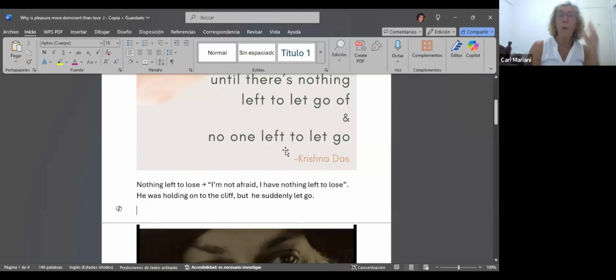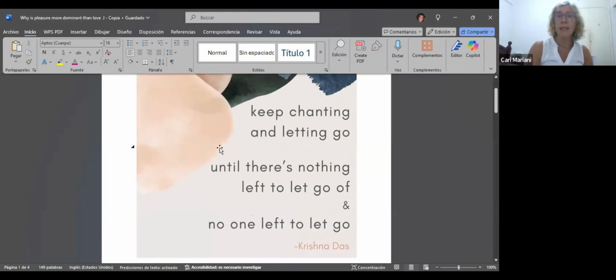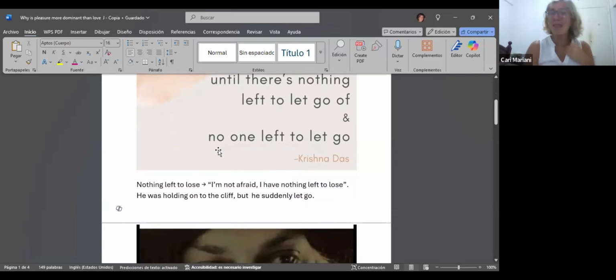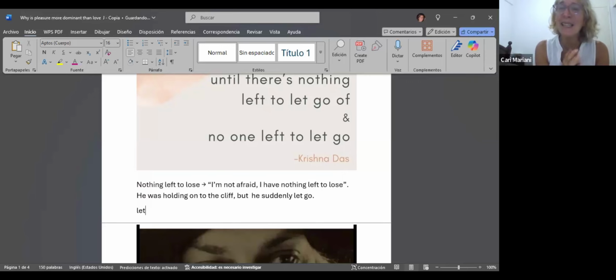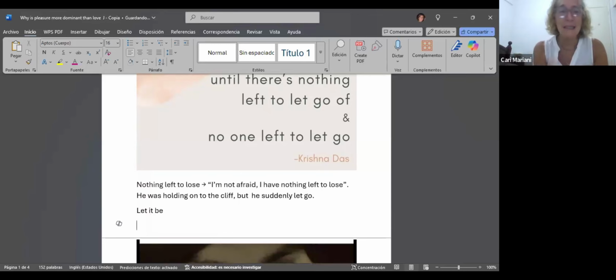And another use is when we use it in a verb, and that is also a very common use. We know the song that made it famous, Let It Be. Or recently in spirituality and in psychology, the verb let go.